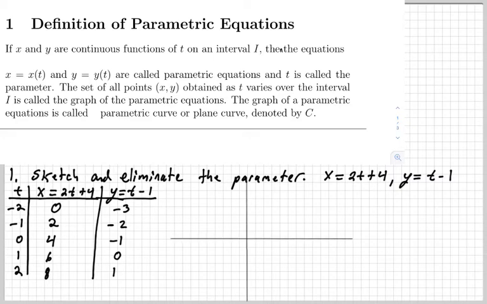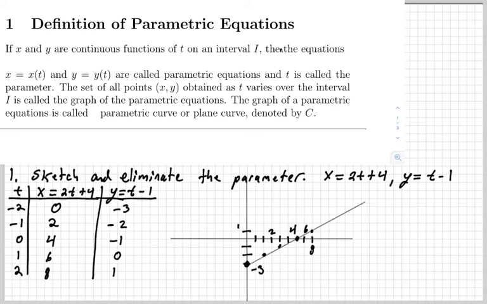You have to be a little bit careful when graphing the x and the y, since you're not graphing t here. So our first ordered pair is 0 and negative 3, then 2 and negative 2, then 4 and negative 1, 6 and 0, and finally 8 and 1.